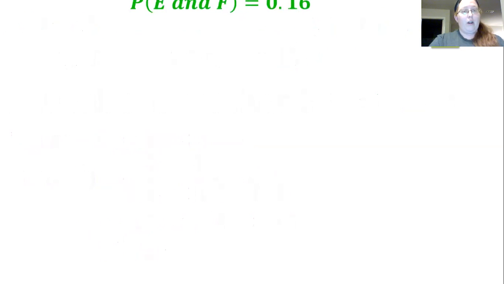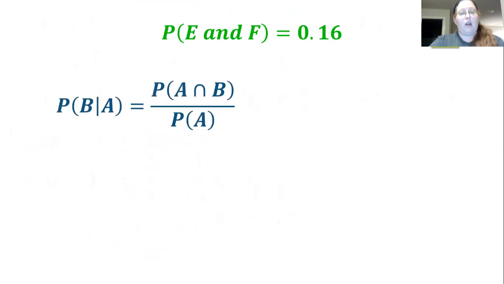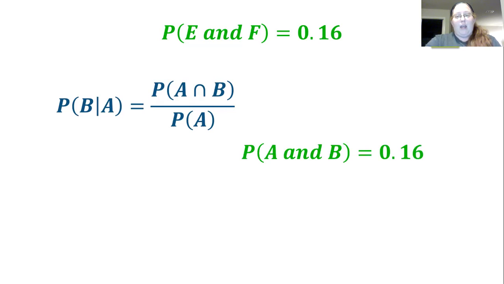Now, we already know that P(E and F), even and less than 32, is 0.16 because we learned that in the last lesson. So now what we want to know is the probability of even given that it is less than 32. So it's a whole new equation here. This is what we're going to use to figure out P(E given F). P(A and B) is going to equal 0.16, just like the P(E and F) up here.